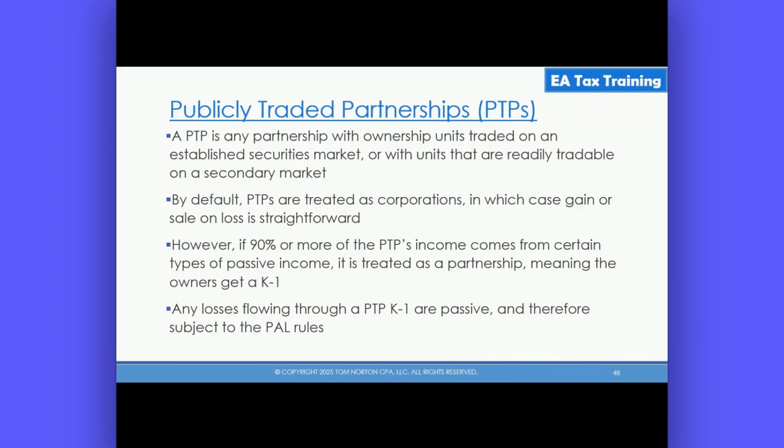Remember, you can only offset passive losses against passive gains. So if you have one of these special kind of PTPs where 90% or more of their income is from passive income, then you're going to get this K1. Any losses that flow through are going to be passive losses.